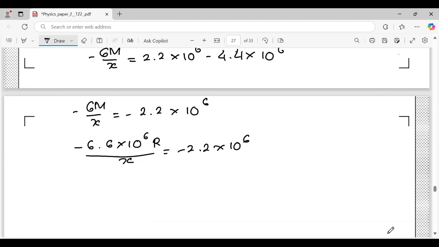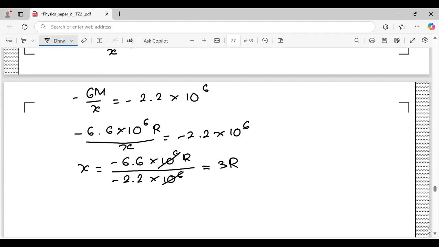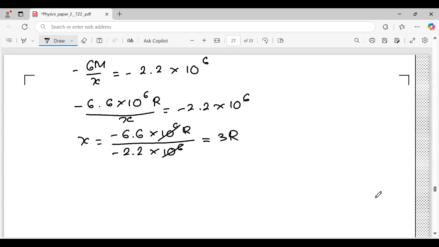So we can determine x equals 6.6 times 10 power 6 R over 2.2 times 10 power 6. This is equal to 3R. So the distance of the center to E2 is 3R. I'm going to write the conclusion.